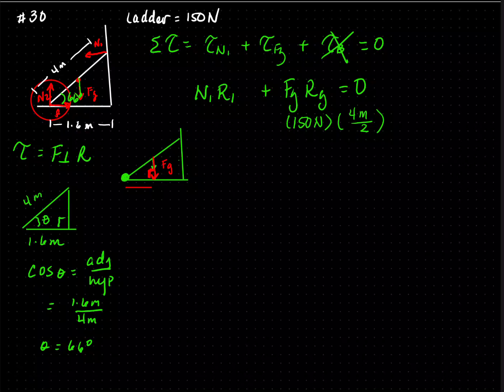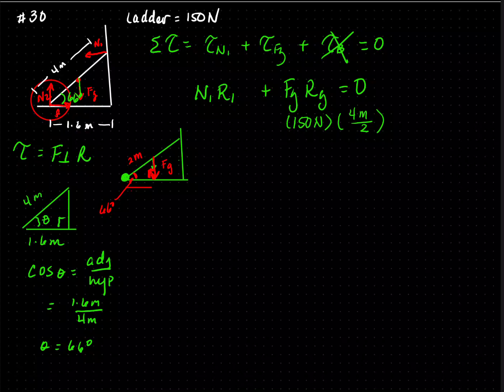So when I make the force perpendicular to the earth, I am resolving the lever arm component to make it perpendicular to Fg. We know this angle right here is 66 degrees. We know the hypotenuse is 2 meters because the weight is halfway.